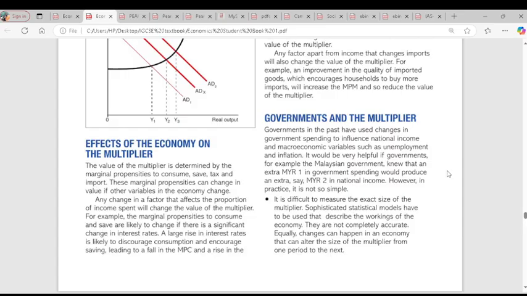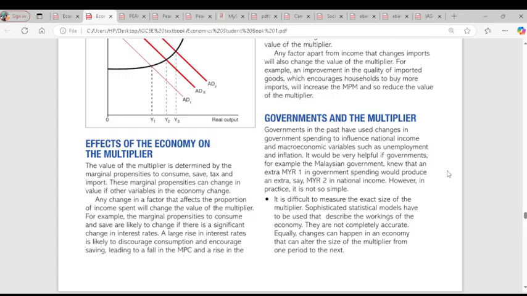And that is about withdrawals or leakages within the economy. Do you get the point I'm making here? So a large rise in interest rate is likely to discourage consumption and encourage saving.